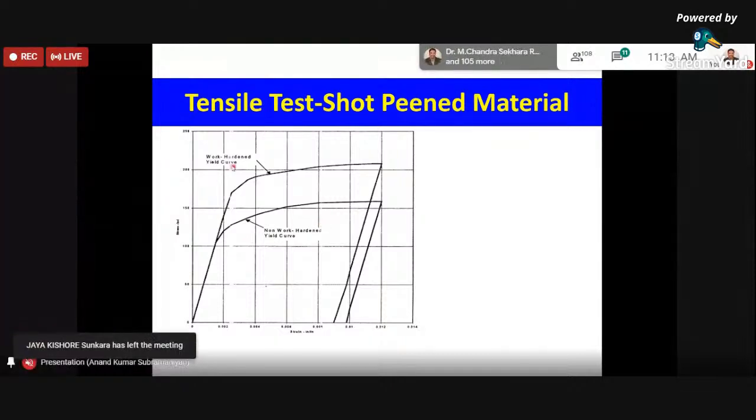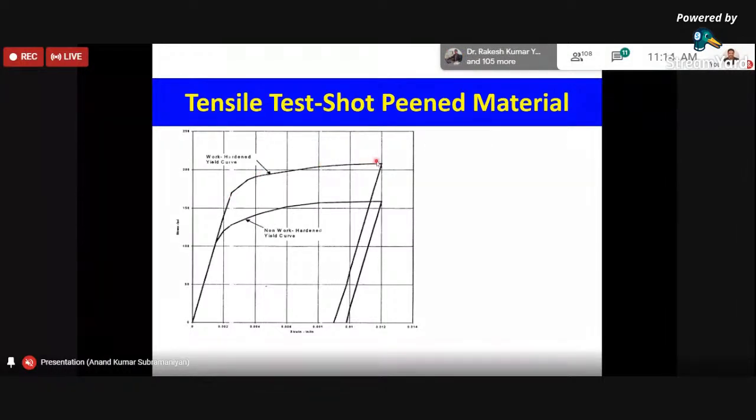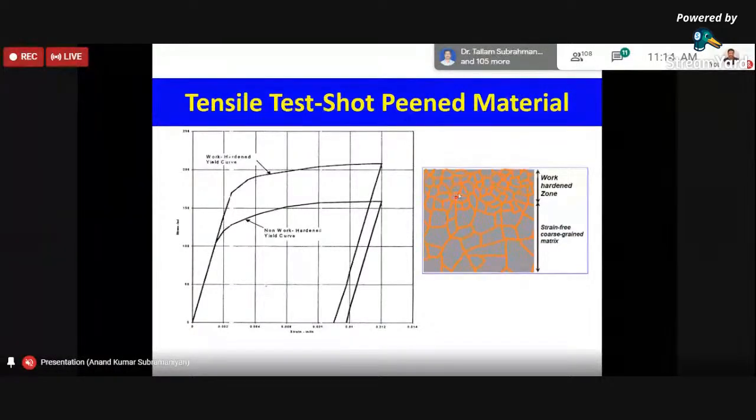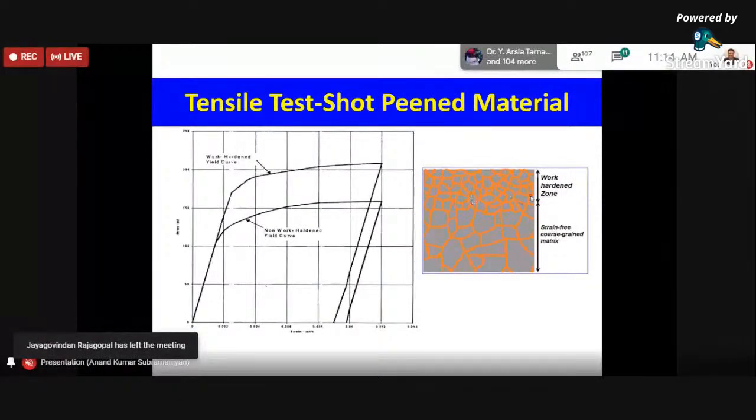The moment we do shot peening, because of the work hardening, there will be a slight increase in your yield strength as well as your UTS value, and apparently it can influence the tensile properties of the shot peened material. That is again due to the work hardened zone, which will be responsible for slightly increasing the yield strength and the UTS of the material compared to the untreated material.